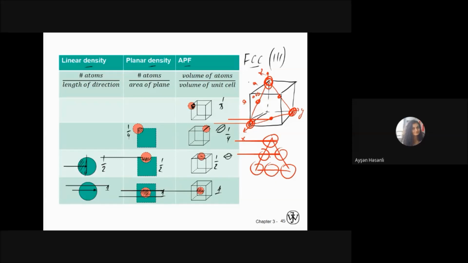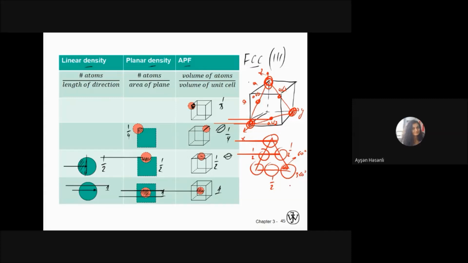So number of atoms. The half of the face atoms would be inside. For these corner ones, all sides are equal in this triangle. That's why each will be 60 degrees. This is 60 degree. Total is 360 degree.